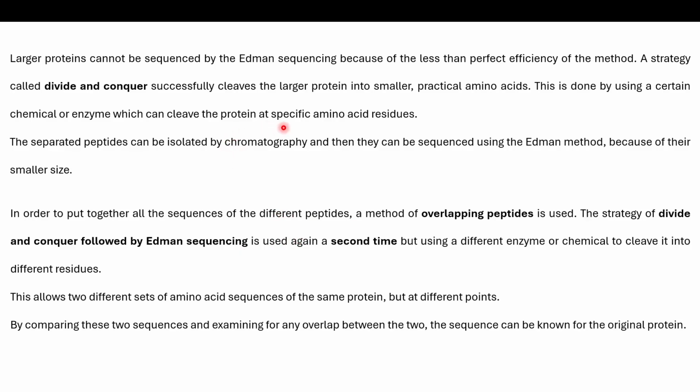Now suppose you talk about this particular word, chromatography. Just imagine, this is just an example, that in this particular word, each letter is an amino acid, and each amino acid is forming this particular polypeptide chain called chromatography. Now suppose enzyme A or protease A cleaves at any region after the R amino acid.